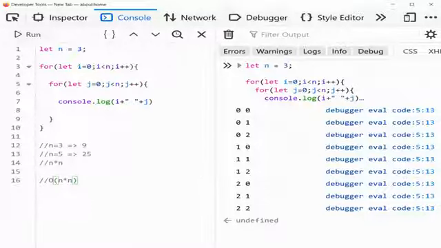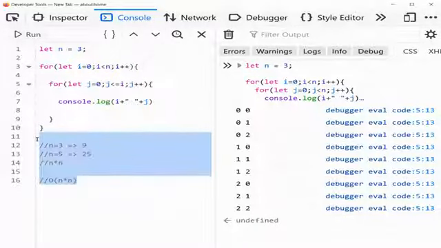What if j is less than or equal to i? Okay. So if you have this program, j less than or equal to i, then think about how many times your program will run. Think about it.